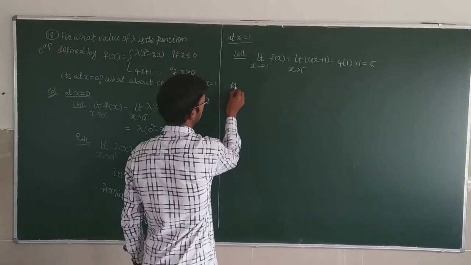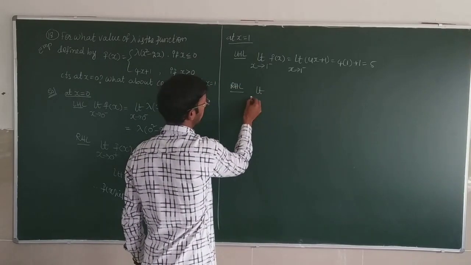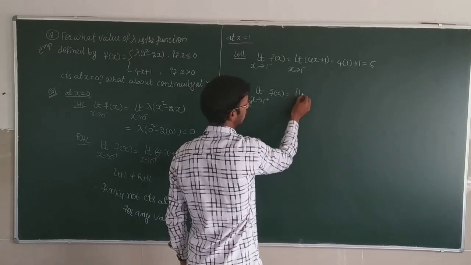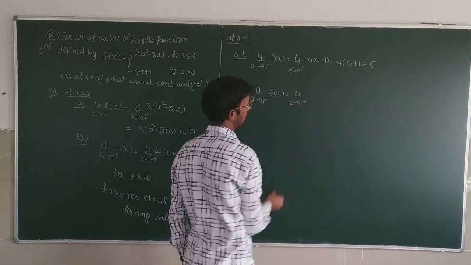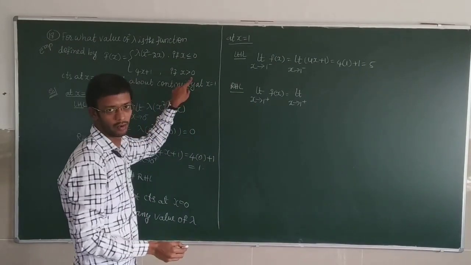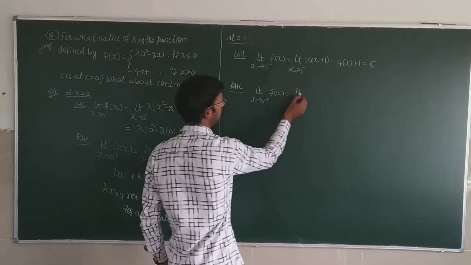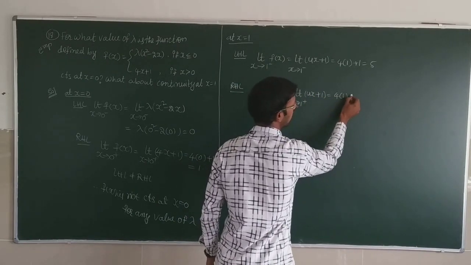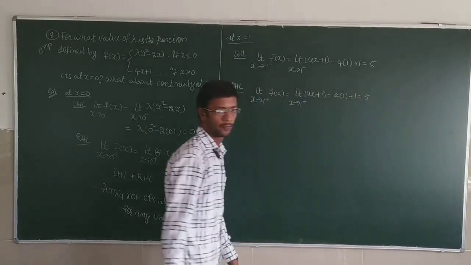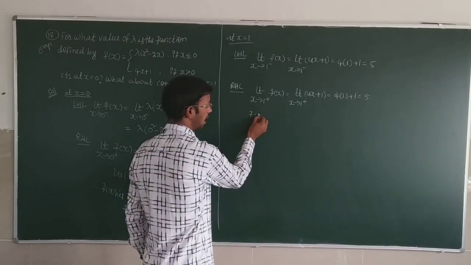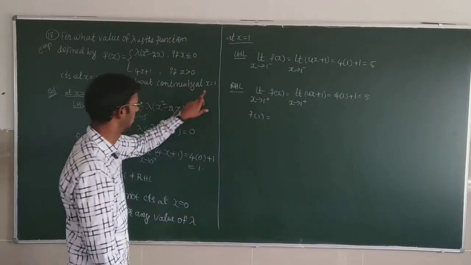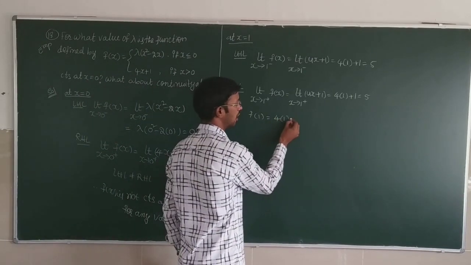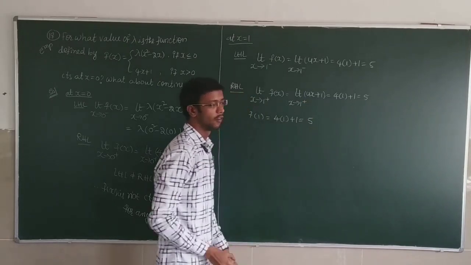Next step, RHL: limit x tends to 1 plus f of x, greater than 0 means the same value 4x plus 1, that is 4 into 1 plus 1 is 5. F of 1, taking x equal to 1, is also the same: 4 into 1 plus 1 is equal to 5.